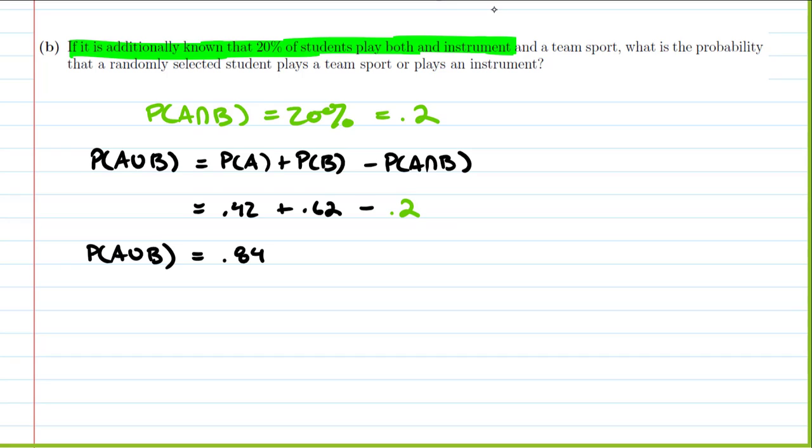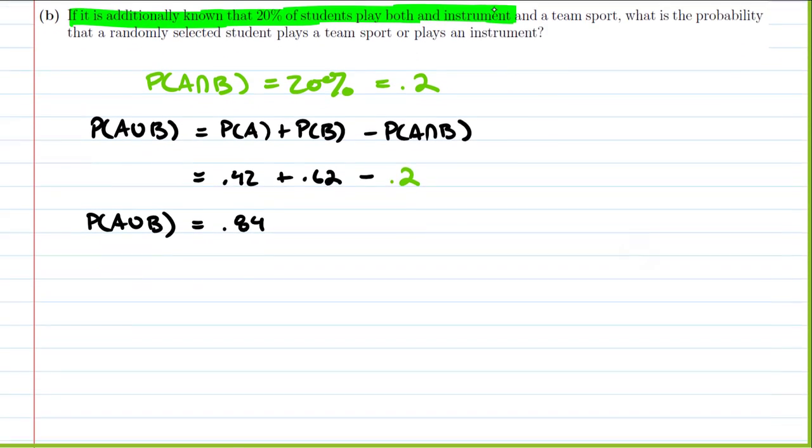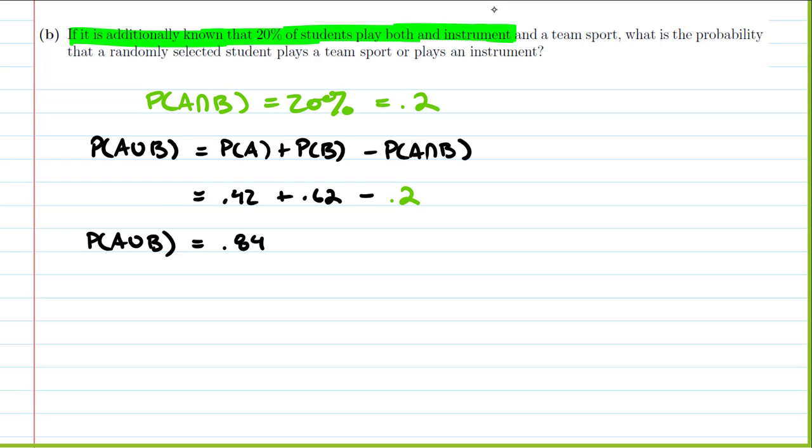Because if we look at it this way, this is similar to the argument we made when we were counting. The probability of A was the probability that they played a musical instrument. So 42% of them did. And 62% of them played a team sport. Well, in that, we counted the people who played both a team sport and an instrument in both of those things.